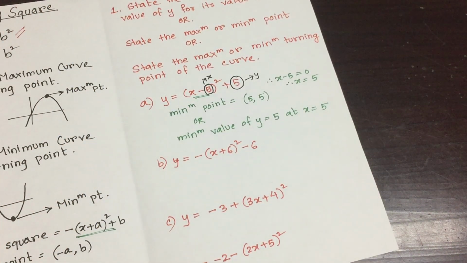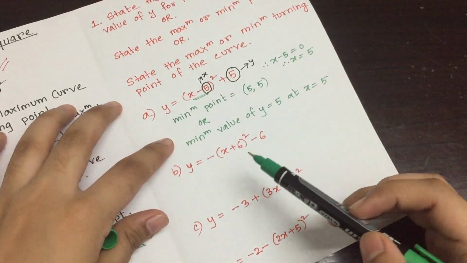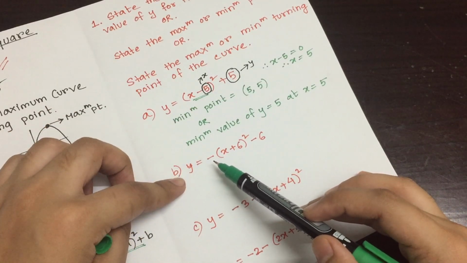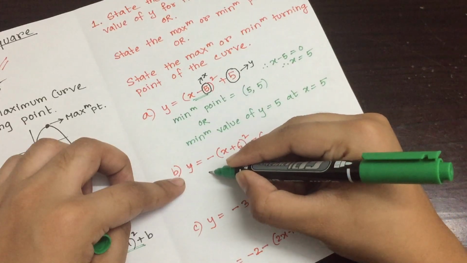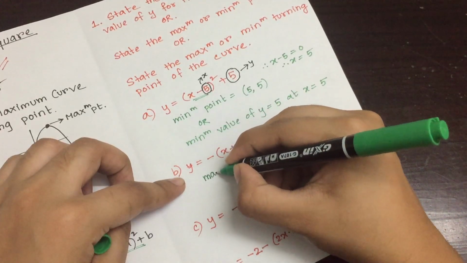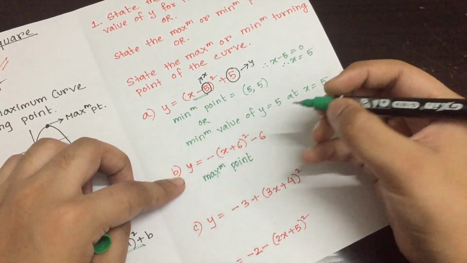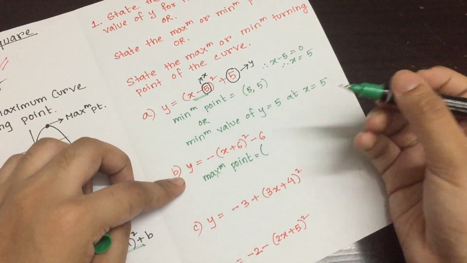So as you can see here, in the second one, it starts with a negative sign. So we already know, since it's starting with a negative sign, it's a maximum point. So we write here maximum point, and for the value of x, what do we do?